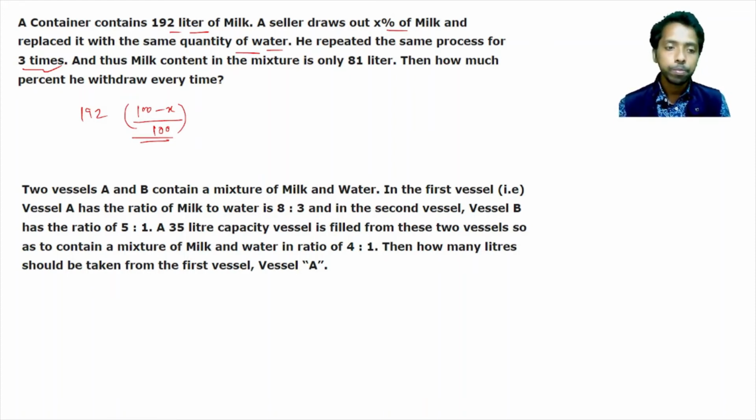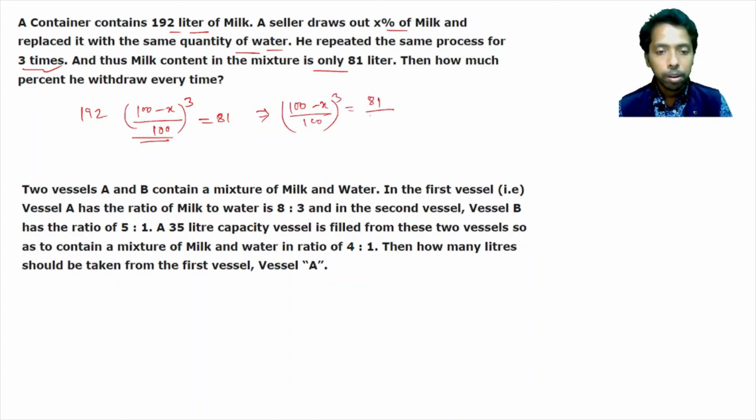This same process is done 3 times, that means to the power 3, and thus the milk in the mixture is only 81 liters. We are dealing with the concentration of milk. So (100 minus x)/100 to the power 3 equals 81/192, that is 27/64.